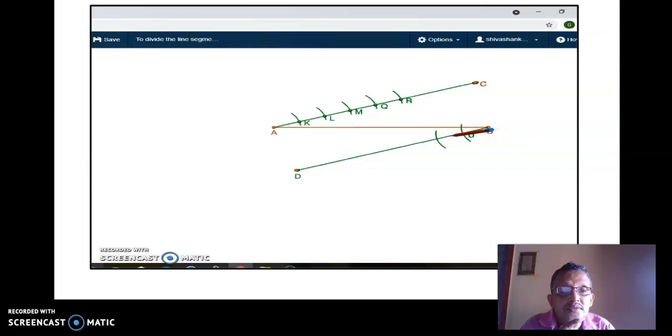Why 5 arcs? Because ratio is given 3:2. So therefore 3 plus 2 equal to 5.